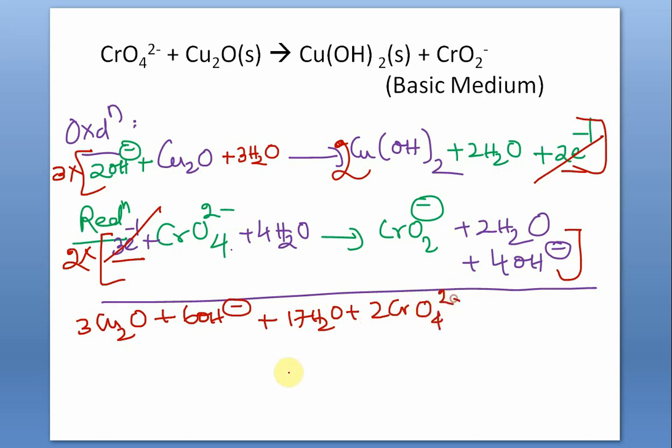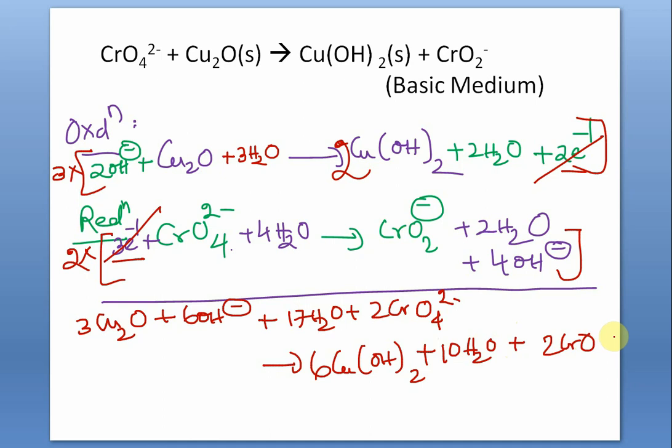In LHS and in RHS, it will be 3 2s are 6, 6 cupric hydroxide plus how many water? 3 2s are 6, 2 2s are 4. So 10 water plus 2 chromite ion. 2 has to be multiplied. And how many OH minus ion? So 4 2s are 8, because there is no OH minus ion here. There will be 4 2s are 8 OH minus.